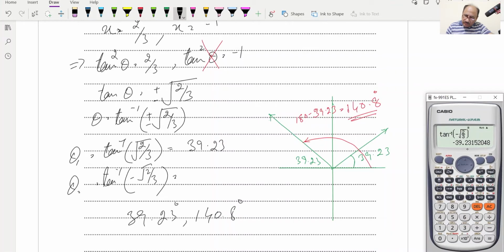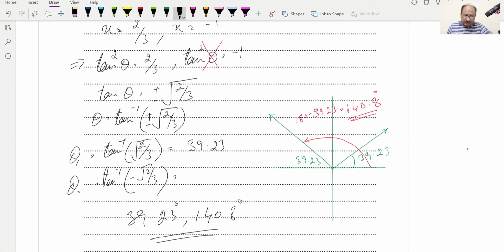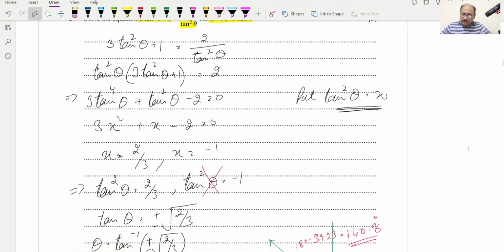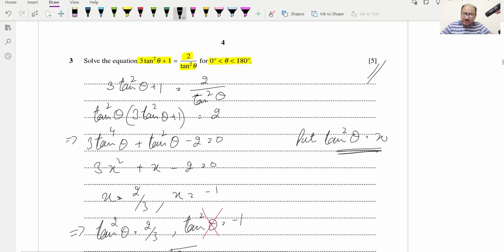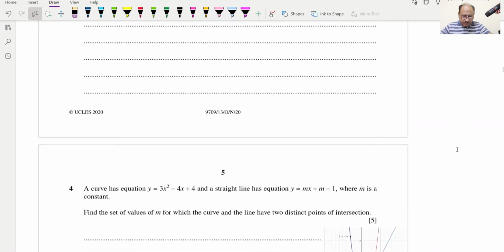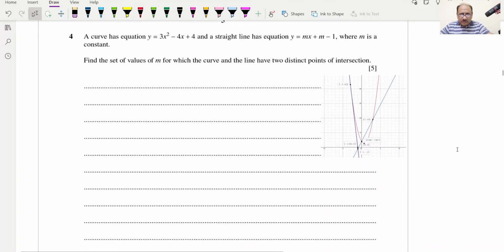So this is the minus 39 which we have drawn with the reflex angle, and we got this answer, so we can write here minus 39.23. These will be the two answers which we have finally written over here, and this was a 5 marks question, so an easier question. Now we can move to question number 4.